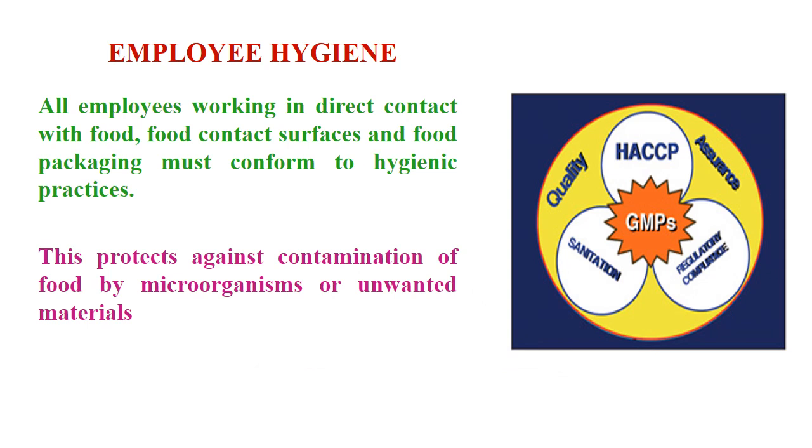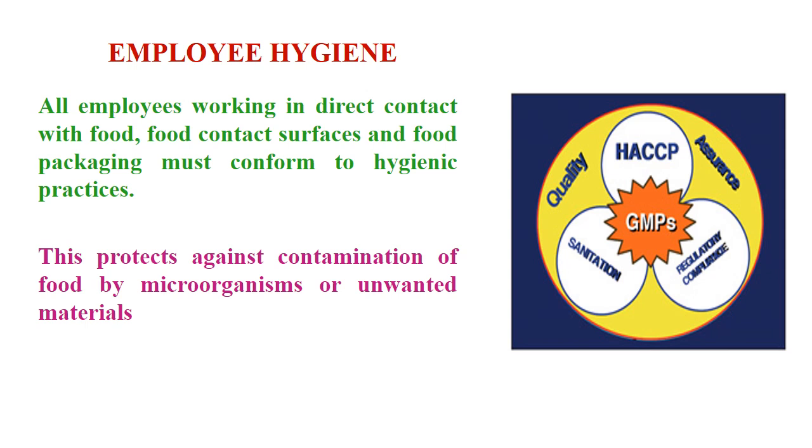Here you will see how to maintain employee hygiene. All employees working in direct contact with food, food contact surfaces and food packaging must conform to hygienic practices. We are going to discuss more details about those practices. Personal hygiene and other aspects of the employee are very important, and this protects food against contamination by microorganisms or unwanted and other hazardous materials.